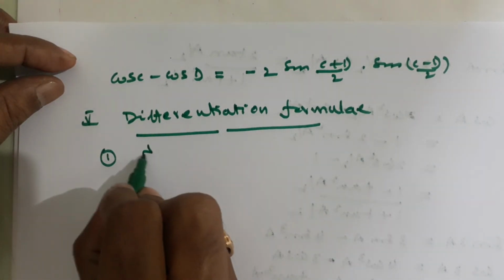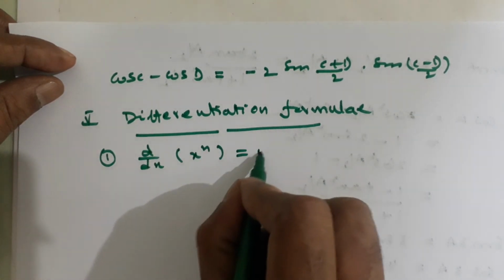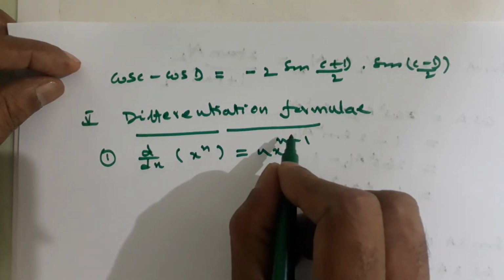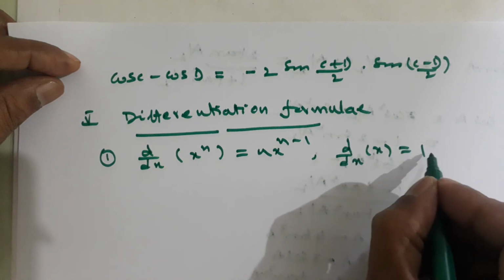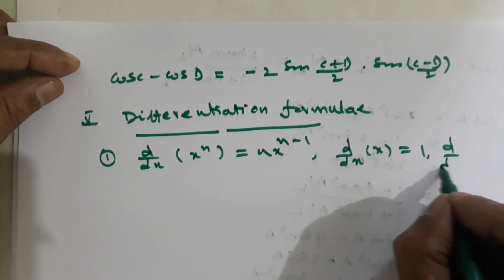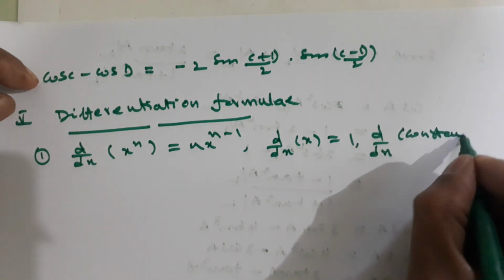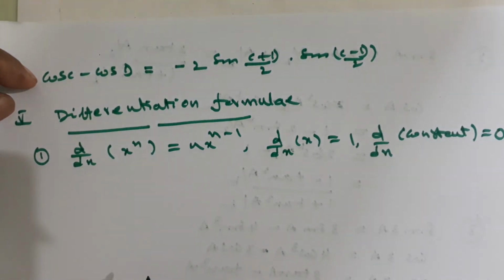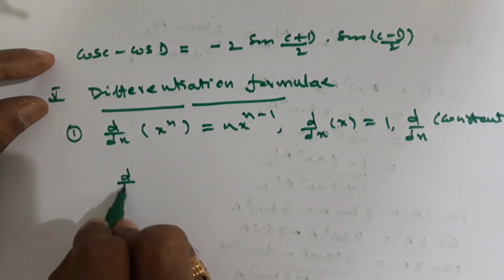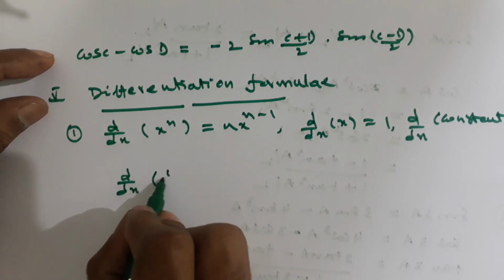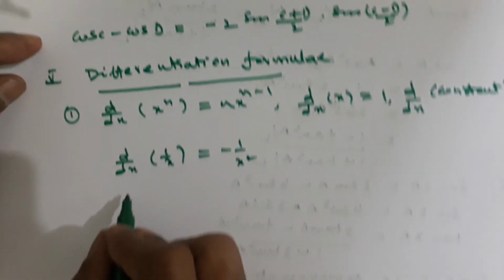First one, d by dx of x power n is equal to n into x power n minus 1, d by dx of x is equal to 1, d by dx of constant is equal to 0. Even d by dx of 1 by x with the same formula is equal to minus 1 by x square.